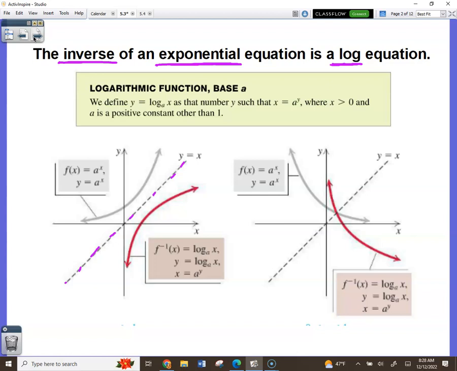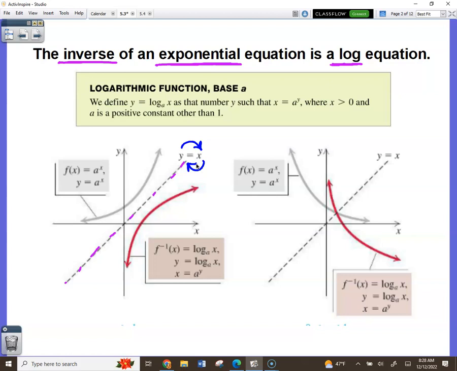And then here's the visual behind it, and this is the case with all inverses. If you graph a function and its inverse, they will have this really nice symmetry over the line y equals x. And that's because, if you go back to 5-1, how do you actually find the equation of an inverse? Remember, you switch x and y and solve for y. With inverses of exponentials and logs, there's a different relationship.